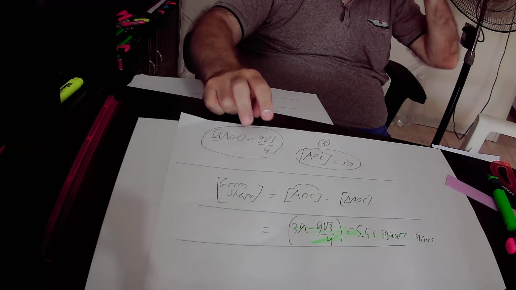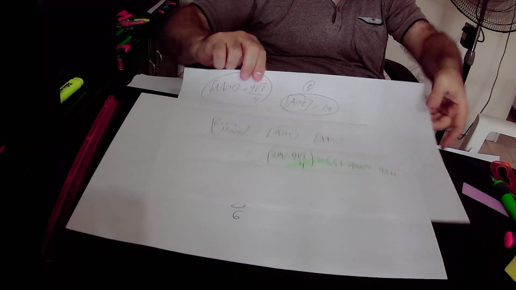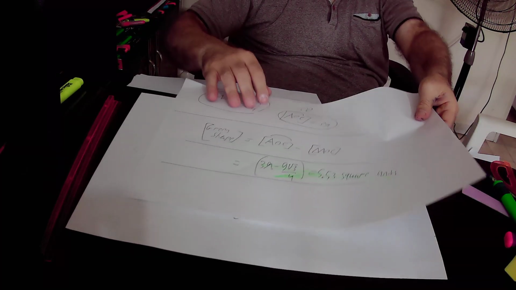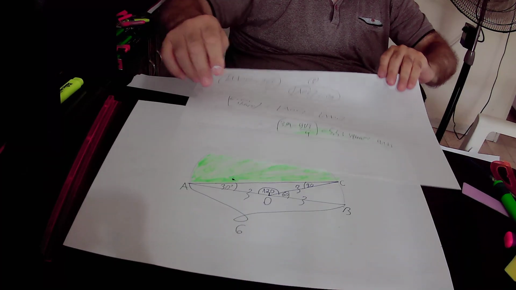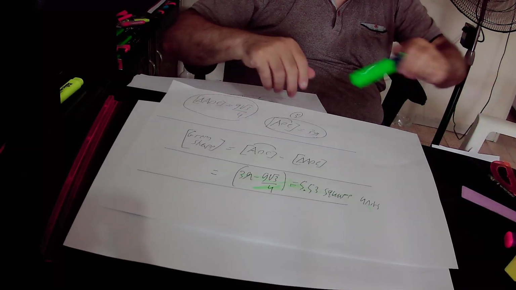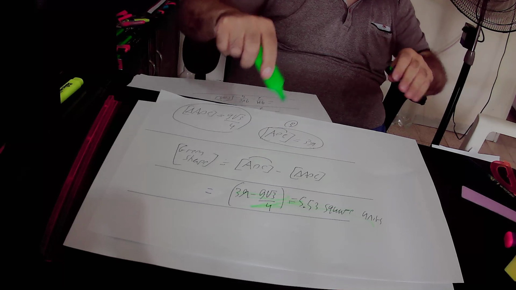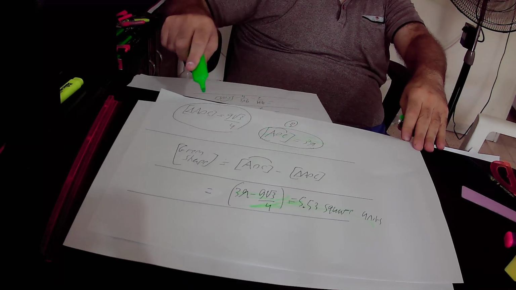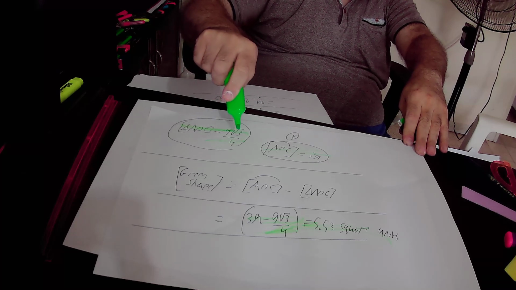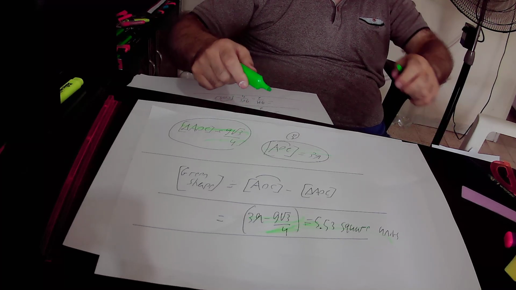Okay? Then we calculated that the area of sector AOC equals 3 pi square units. We just found out that the area of triangle AOC equals 9 times square root of 3 over 4 square units.